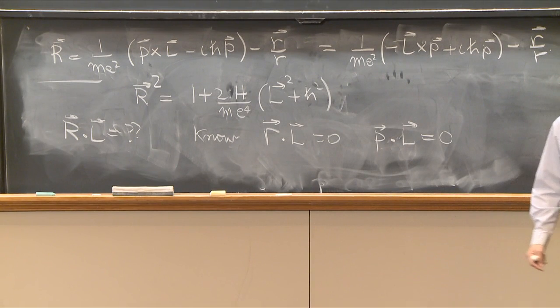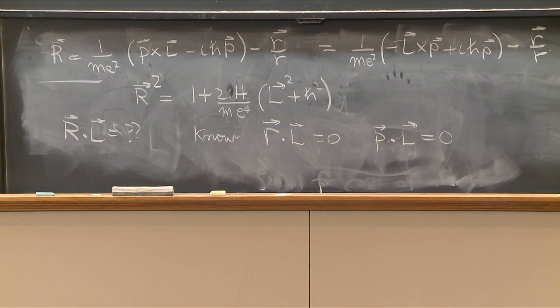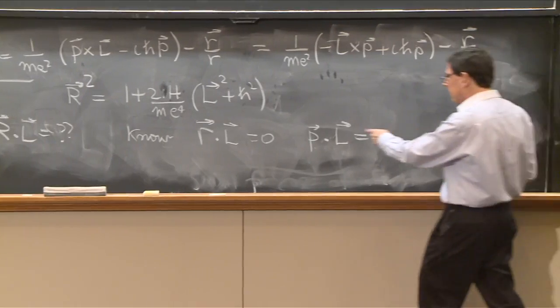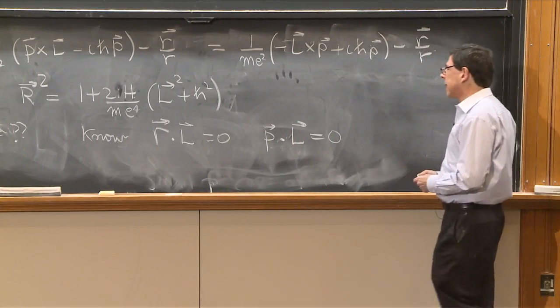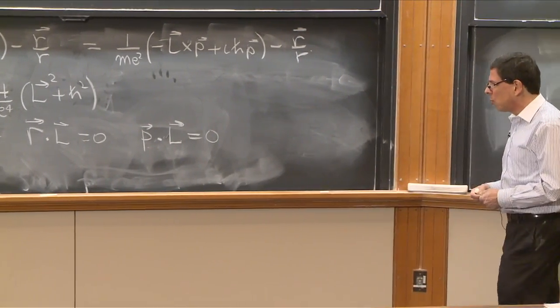These are obvious classically because L is perpendicular to both R and P, but quantum mechanically, they take a little more work. They're not complicated, but you've shown those two.